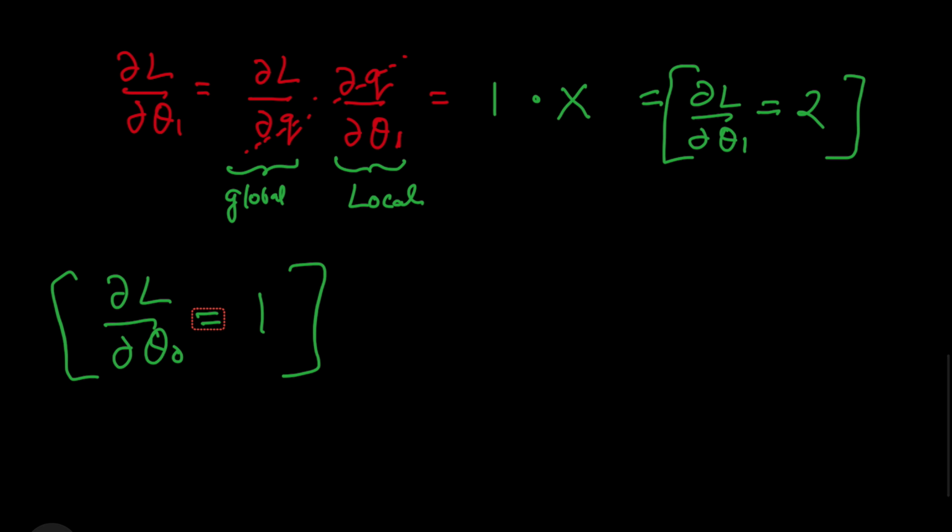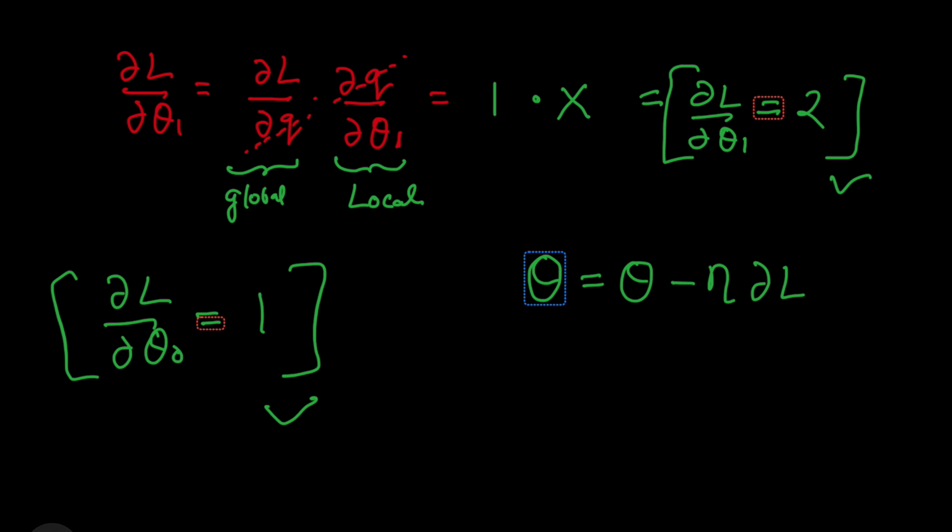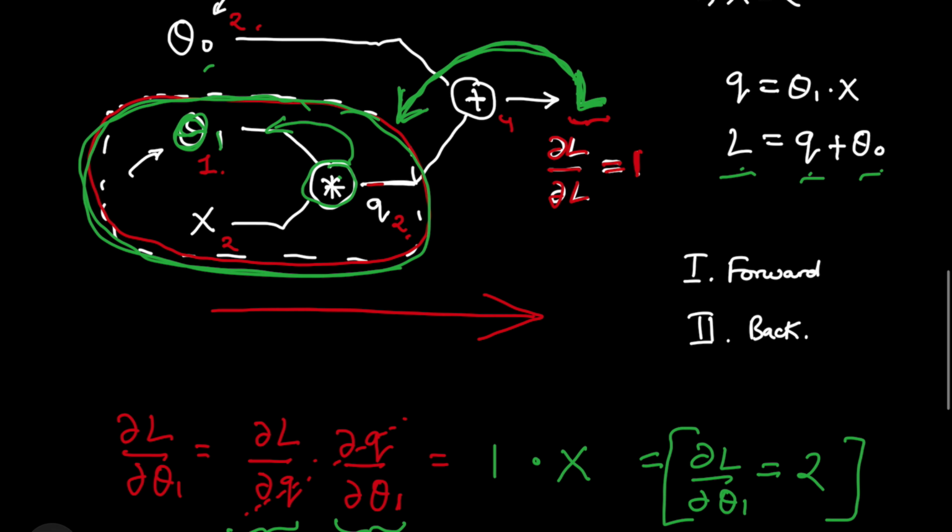Now we have del L over del theta 1 and del L over del theta naught, and we can simply apply the gradient update rule to get the new set of parameters. Then we again do the forward pass, calculate the loss, take it backwards, and update the parameters.